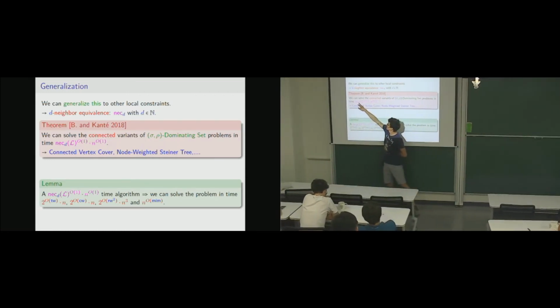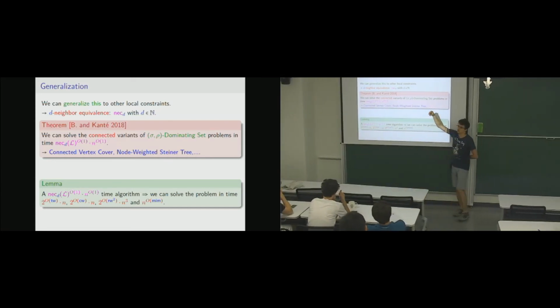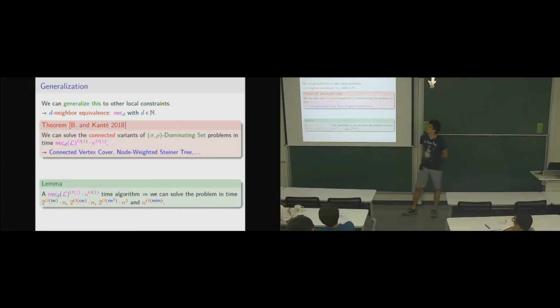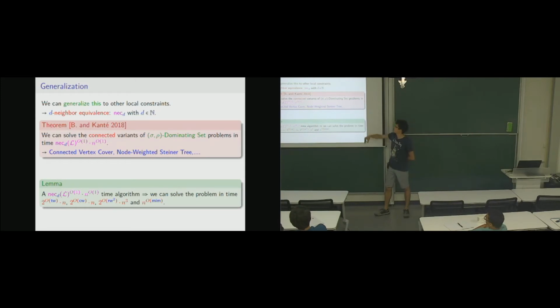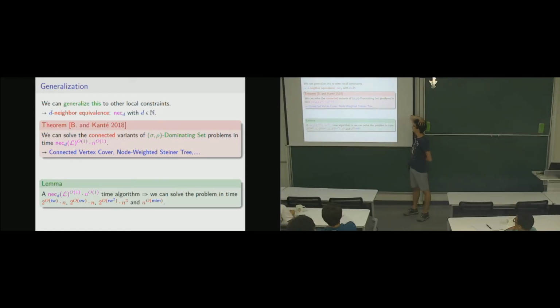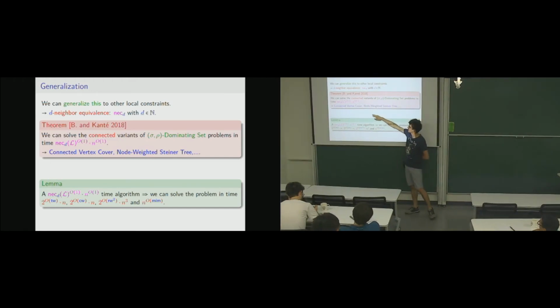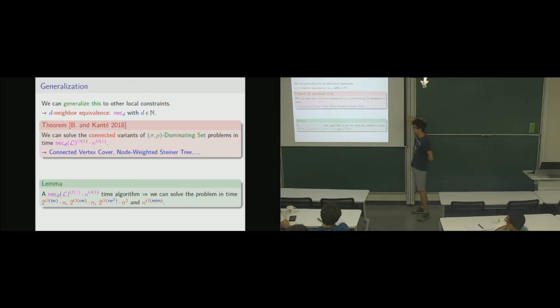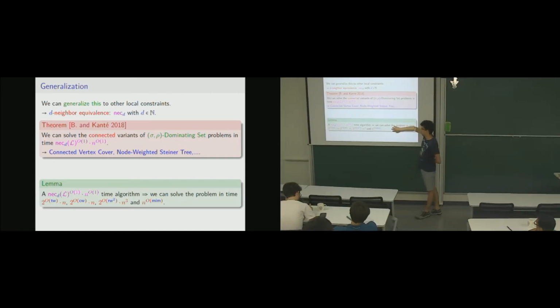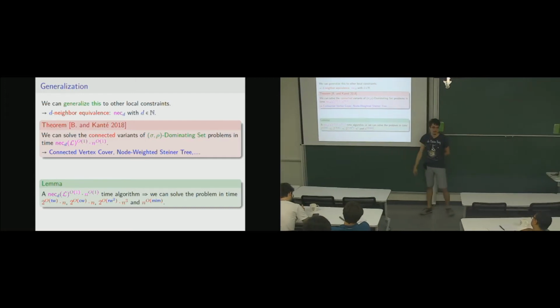And this is a generalization of the one-neighbor equivalence. And this includes connected vertex cover and node-weighted Steiner tree, for example. And we have the same consequences on the other width measures also.